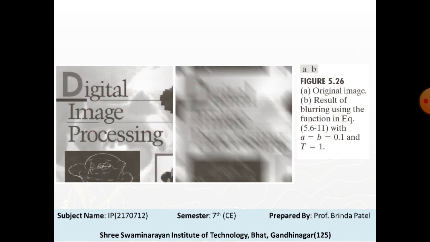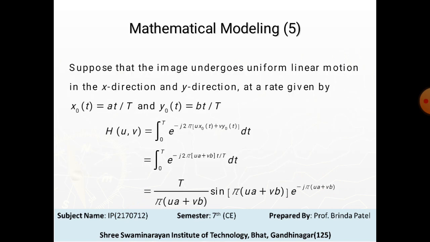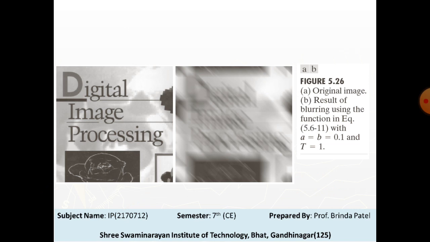This figure is an image blurred by computing the Fourier transform of the image, multiplying the transform by H(u,v) and taking the inverse transform. These images are of size 688 by 688 pixels, and the parameters used here are a equal to b equal to 0.1 and T equal to 1.